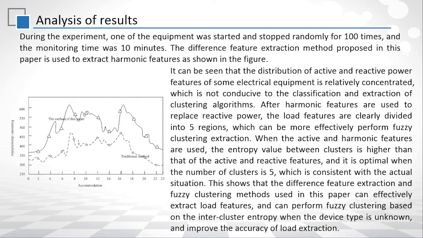This shows that the difference feature extraction and fuzzy clustering methods used in this paper can efficiently extract node features and can perform fuzzy clustering based on intercluster entropy when the device type is unknown, and improve the accuracy of load extraction.